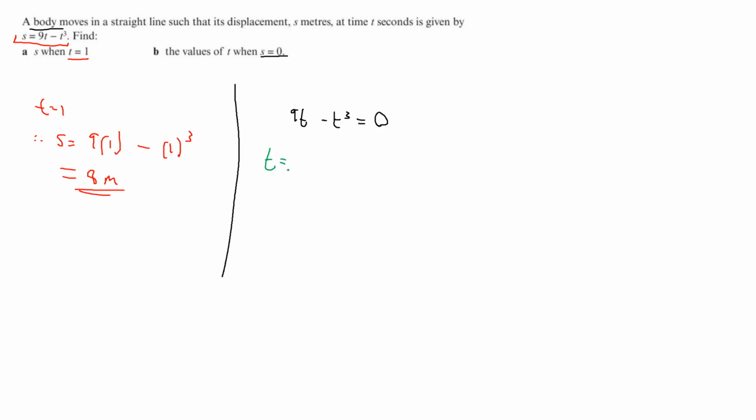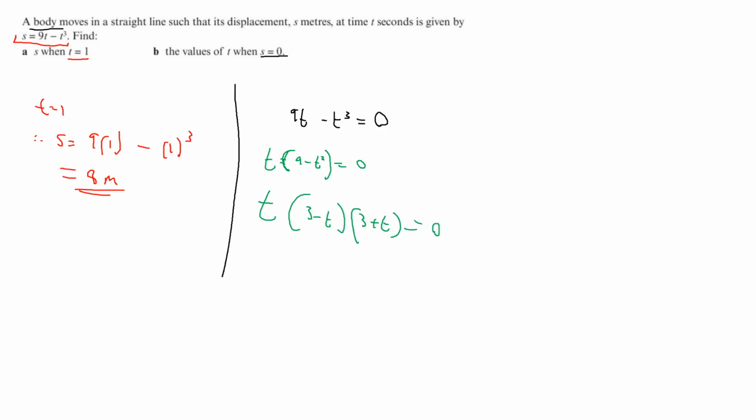T times 9 minus t squared, which is equal to 0. And then, of course, we need to factorize that again. That's the difference of two squares, so it's the same as t times 3 minus t, 3 plus t.